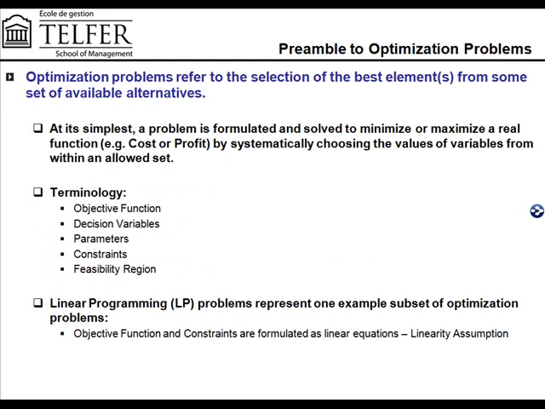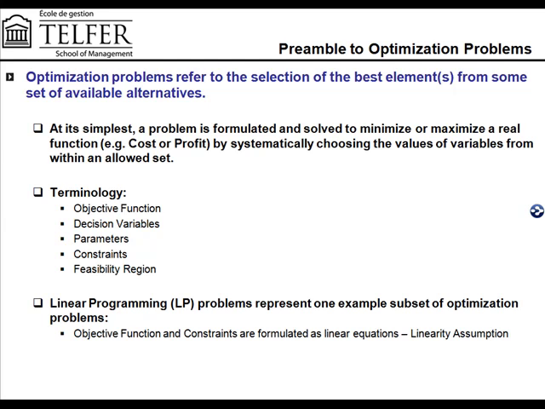Before I go on to talk about today's problems, I just wanted to touch upon the idea of optimization. That is sort of a prerequisite to our discussion for today. We are, in general, going to talk about a couple of different types of optimization problems. What I mean by an optimization problem is that it simply refers to a particular hypothetical situation in which you have to select the best possible element from some set of alternatives that you've been provided with.